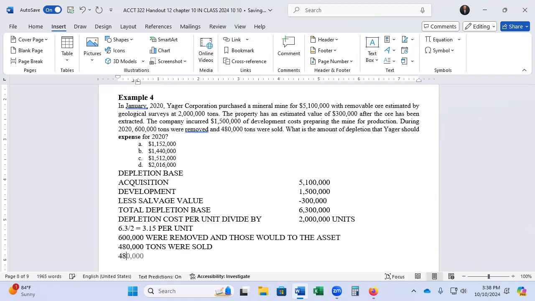And so we take 480,000 and we multiply by 3.15 to get our cost of goods sold. And so that is 1,512,000.